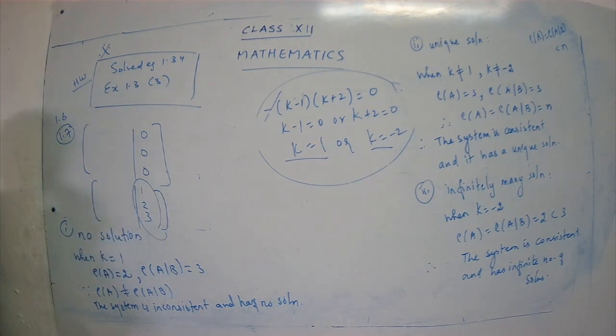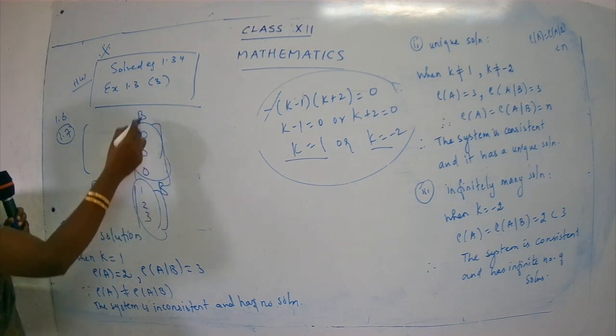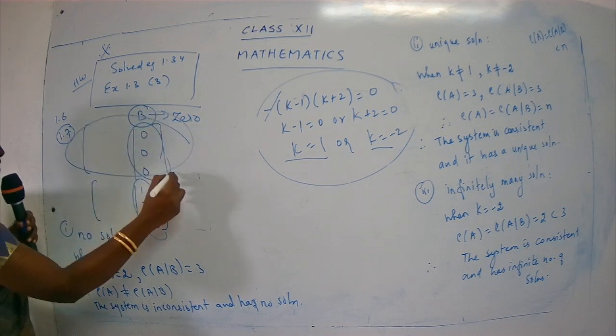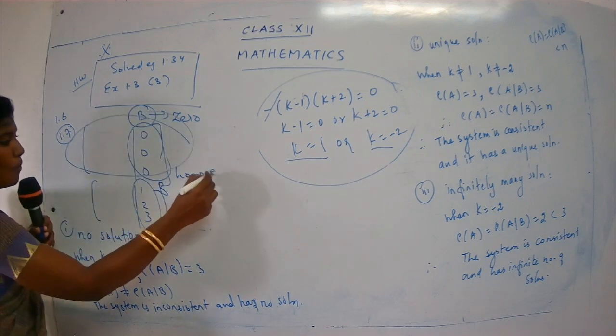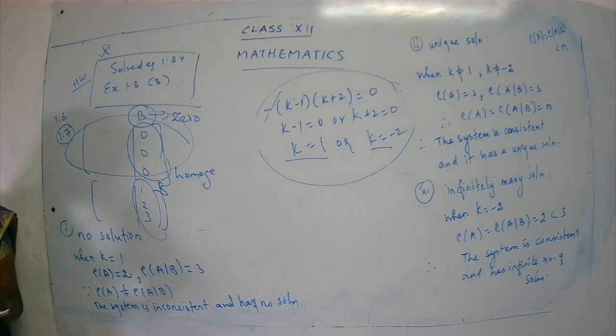But in 1.7 we have the B matrix to be 0. Such types of equations are called homogeneous equations, where you have the B matrix to be 0. So that's the difference between a linear equation and a homogeneous linear equation. For homogeneous, the B matrix would be 0. And for the other, it may be any numbers. You may have any constants over there.